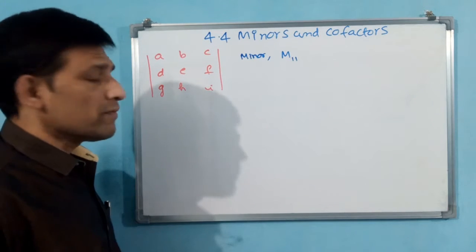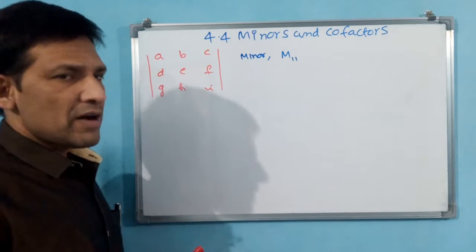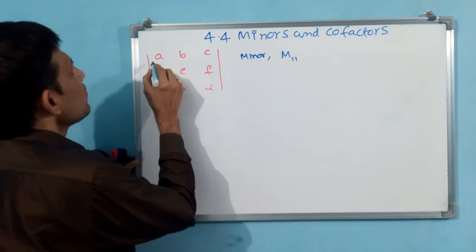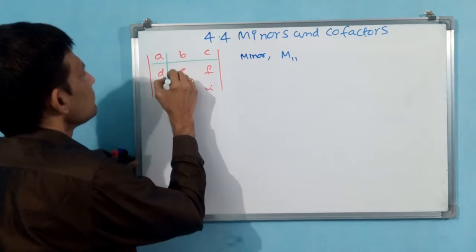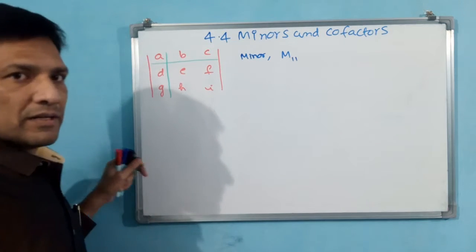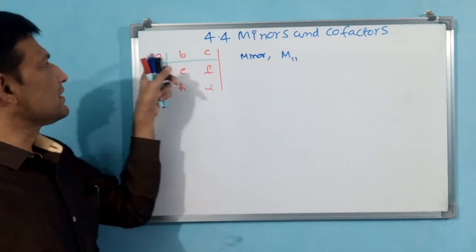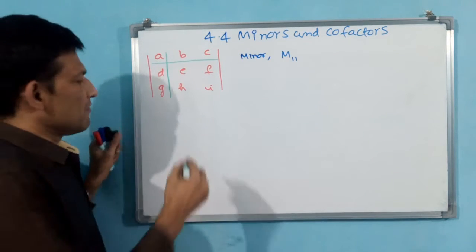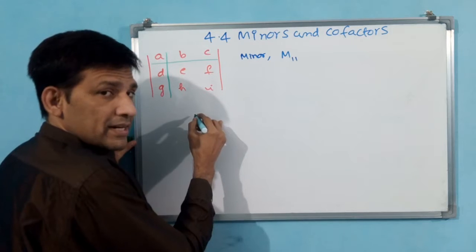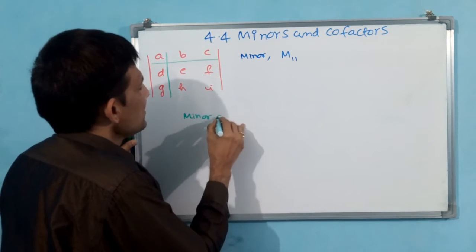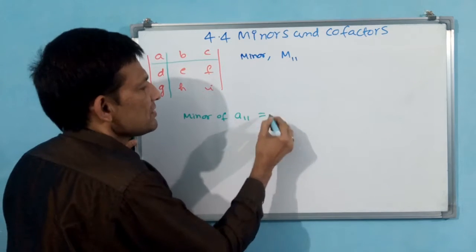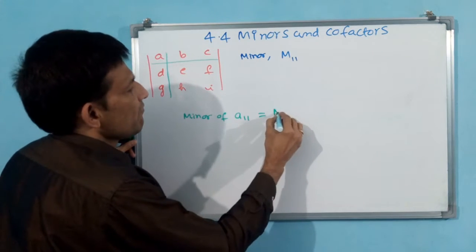M11 means, like earlier what we have done, we close the row and column of A. Minor of A11 is equal to M11.